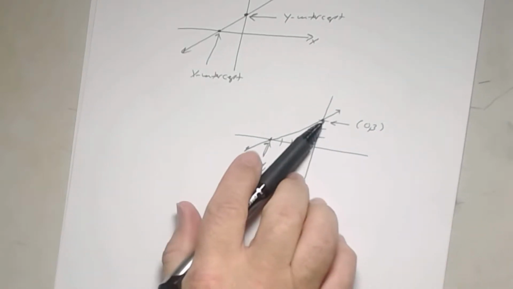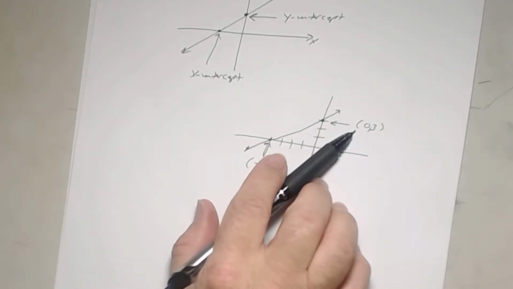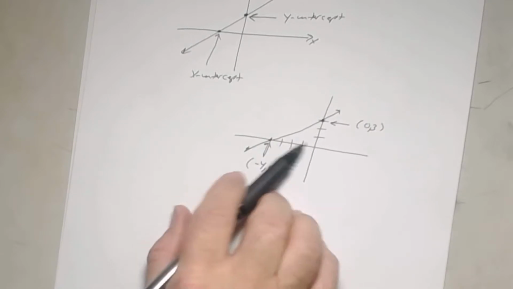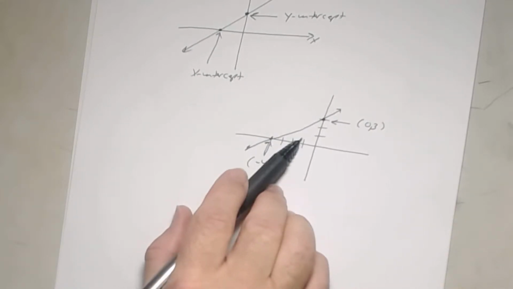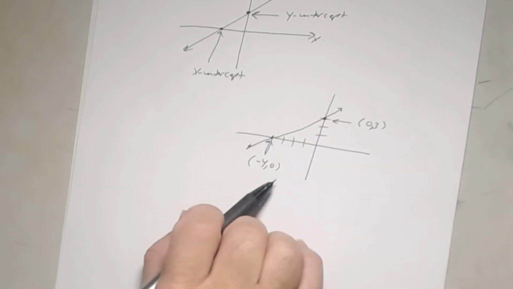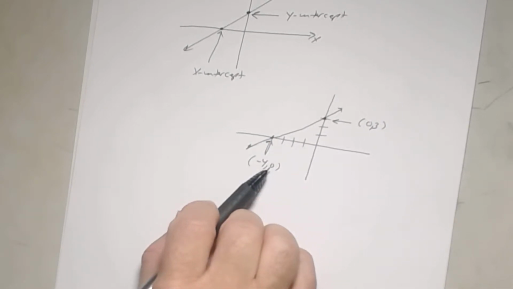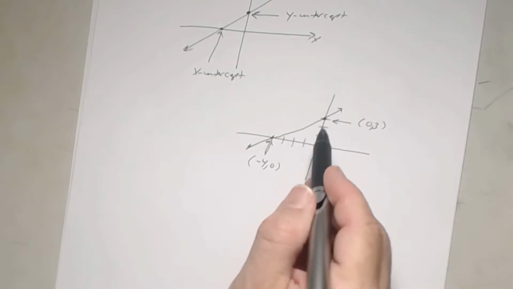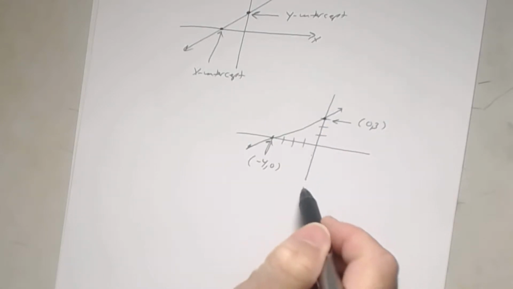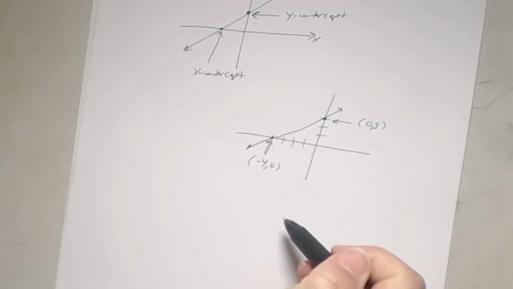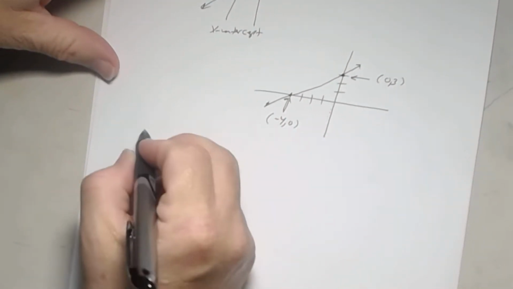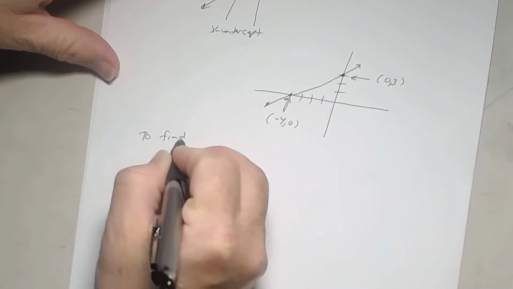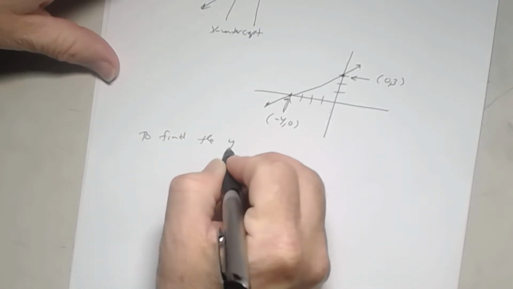On the y-axis, x is 0. And on the x-axis, what's 0? Y. So no matter where you are on the x-axis, what is y always going to be? 0. No matter where you are on the y-axis, what is x always going to be? 0. All right. So what you learned before was this: to find the y-intercept.